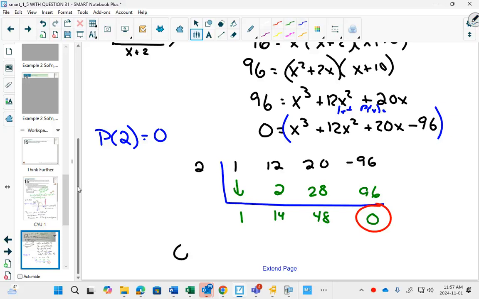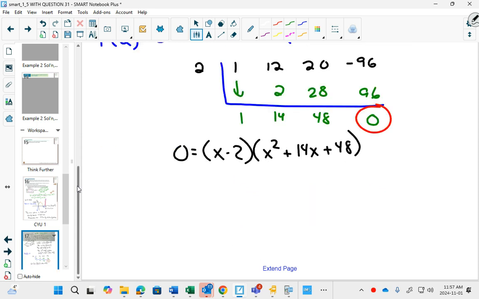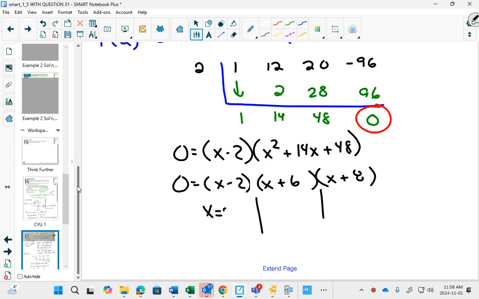So you would now get 0 equals x minus 2, then x squared plus 14x plus 48. Which you'd have to check. Can you factor further? Yes, you can. X plus 6, x plus 8. So algebraically, the possible values of x that work are 2, negative 6, and negative 8.